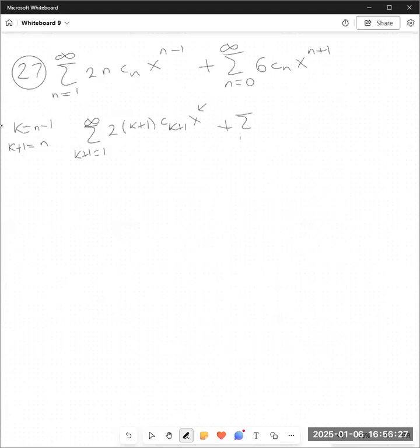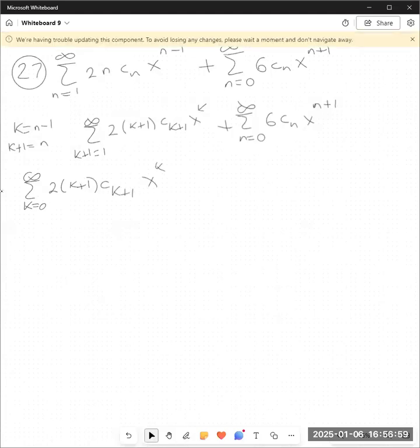I'll leave this one alone for a second. Six c_n x to the n plus 1. So this is going to be k equals 0 to infinity of 2(k plus 1) c_(k plus 1) x to the k.